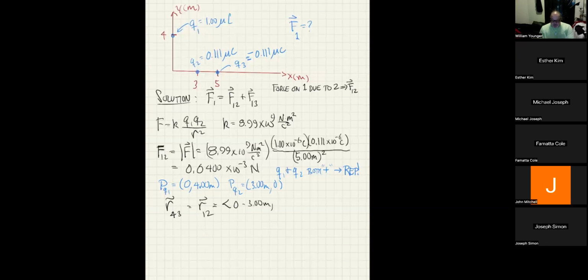And then final minus initial here is 4.00 meters minus 0.